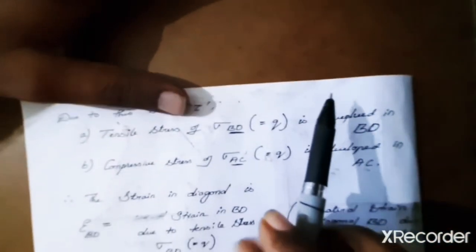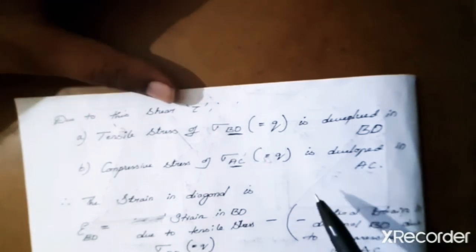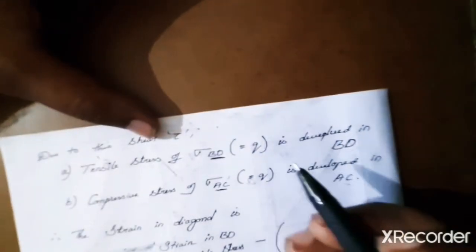Okay, so in BD, a tensile stress, and in AC, a compressive stress is going to be developed. It is to be noted that the magnitude, the value of tensile stress and compressive stress in the diagonals is actually equal to the externally applied shear stress tau.